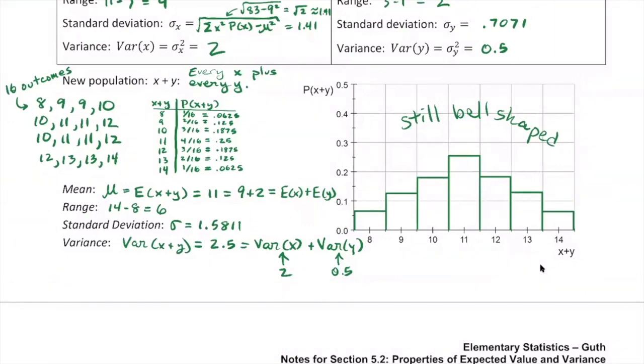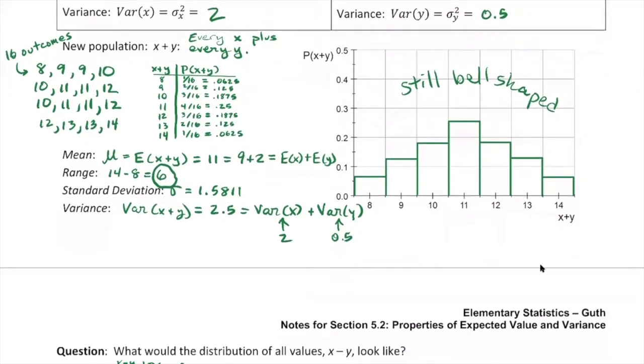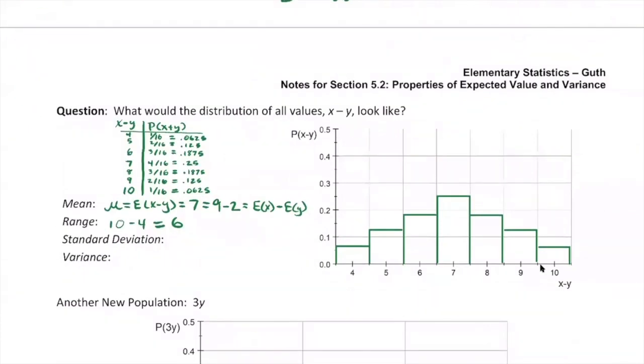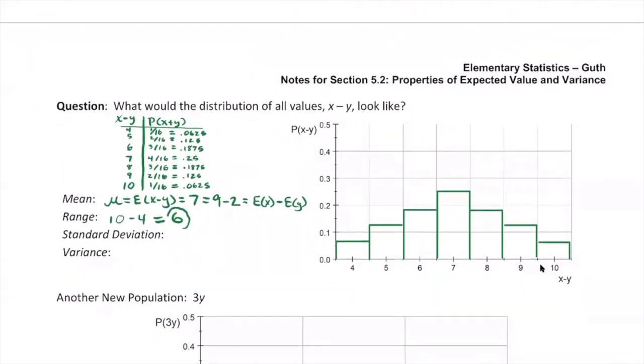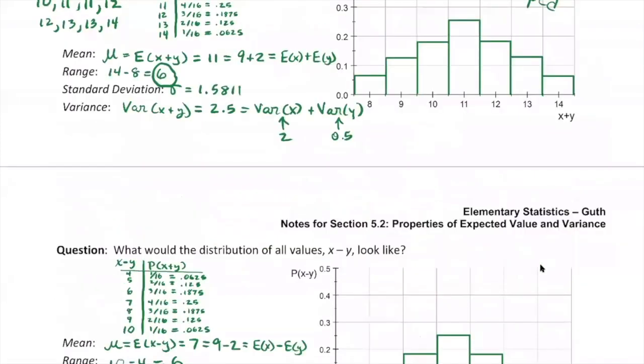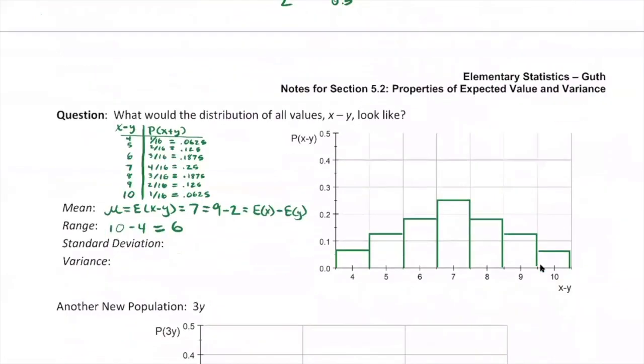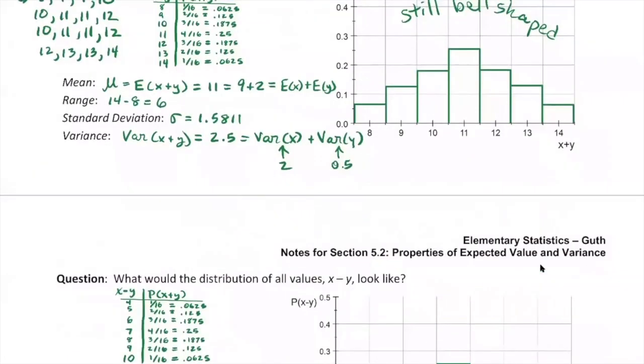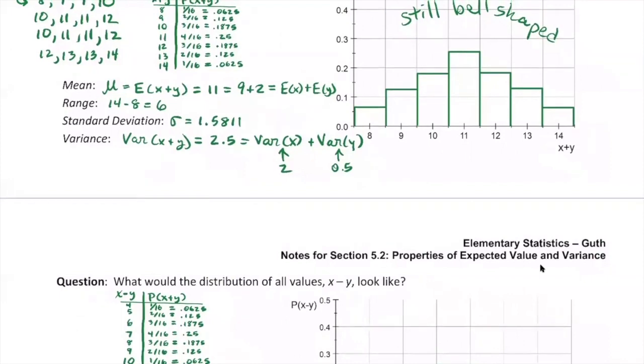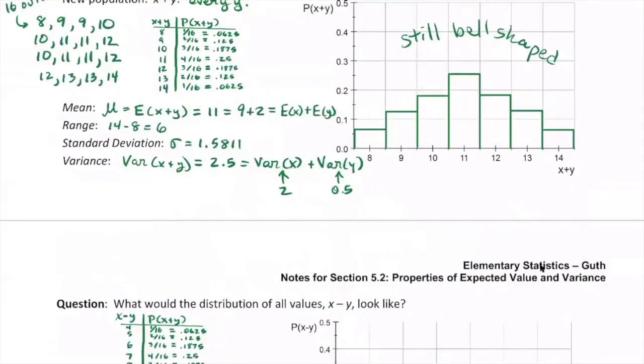The range is 6. When we added x plus y, we got 6 for the range. When we did x minus y, we got 6 for the range. So the variability is the same whether you add or subtract. And of course, these two graphs are identical in shape. So if you're trying to measure spread, the spread should come out the same for both of these.